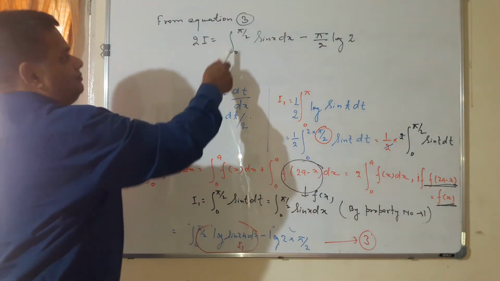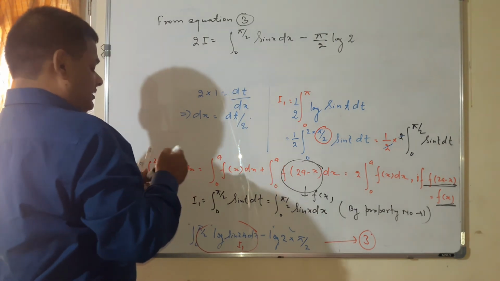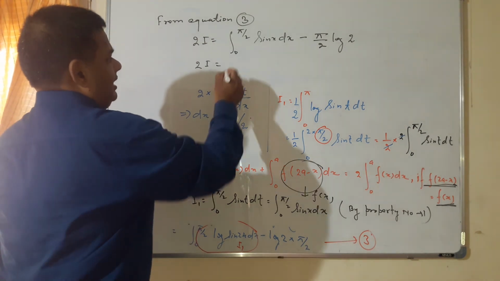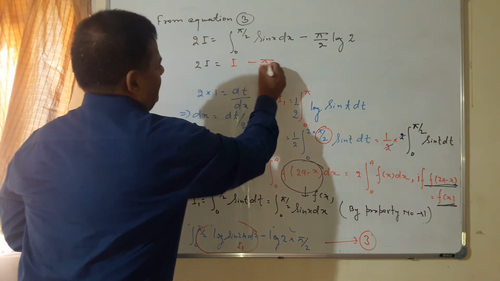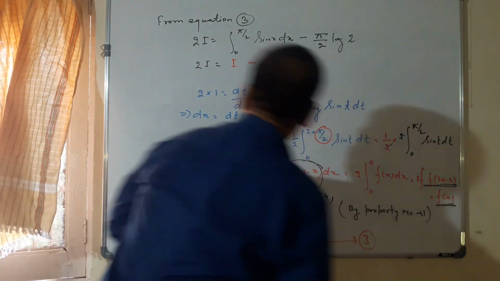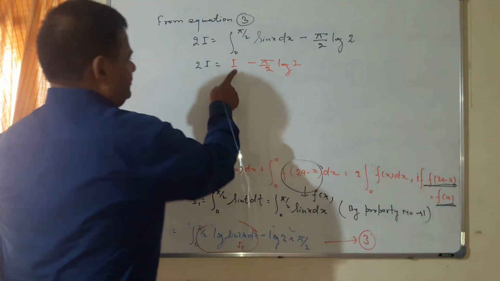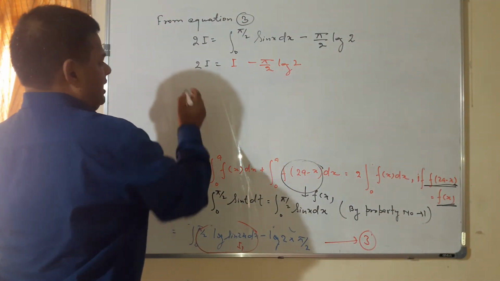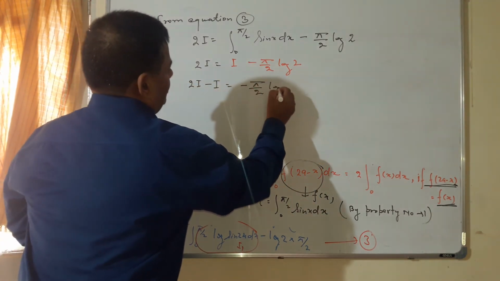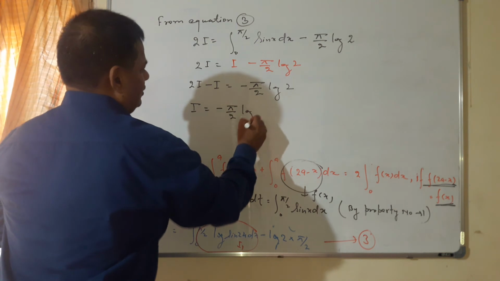The I1 value is integral 0 to pi by 2 of log sin x dx, and that is your I. So I am writing here 2I is equal to I minus pi by 2 log 2. Now transfer I to this side. So 2I minus I equals minus pi by 2 log 2. So I is equal to minus pi by 2 log 2.